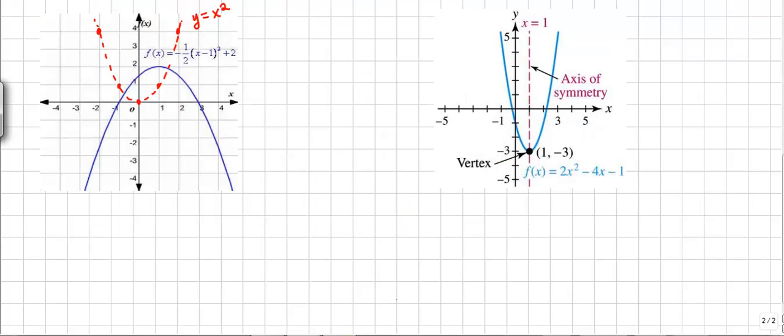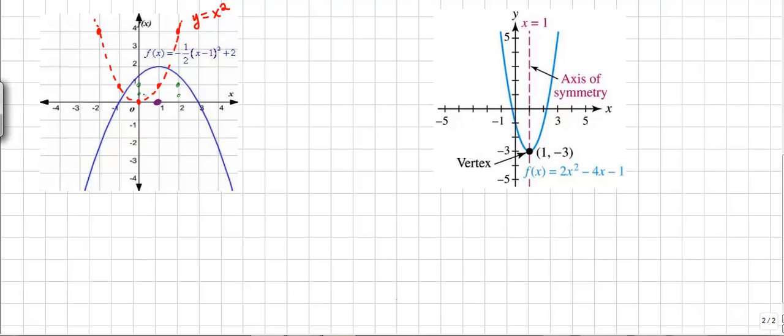Okay, continuing here to look at some specific graphs. So basically, if I take the graph of y equals x squared and I shift it right 1 unit, and then I stretch it, or rather compress it vertically by a value of 1/2, notice that the vertical compression didn't change where the vertex is.